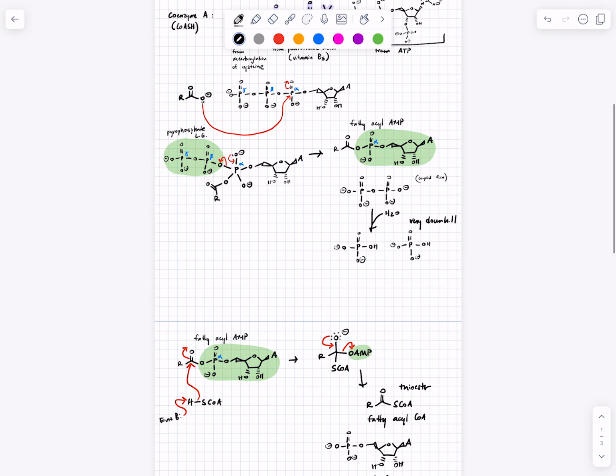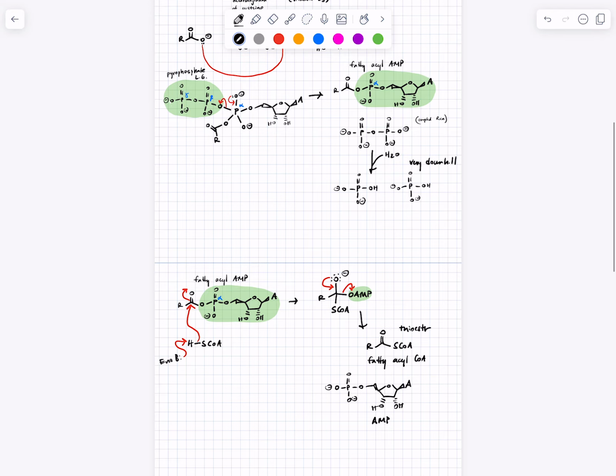The fatty acyl CoA synthetase activates the carboxylate as the AMP acyl phosphate by attack of the carboxylate on the alpha phosphoryl group. Then, in a second step, coenzyme A attacks the acyl phosphate. You just get classical nucleophilic acyl substitution to give you your thioester.